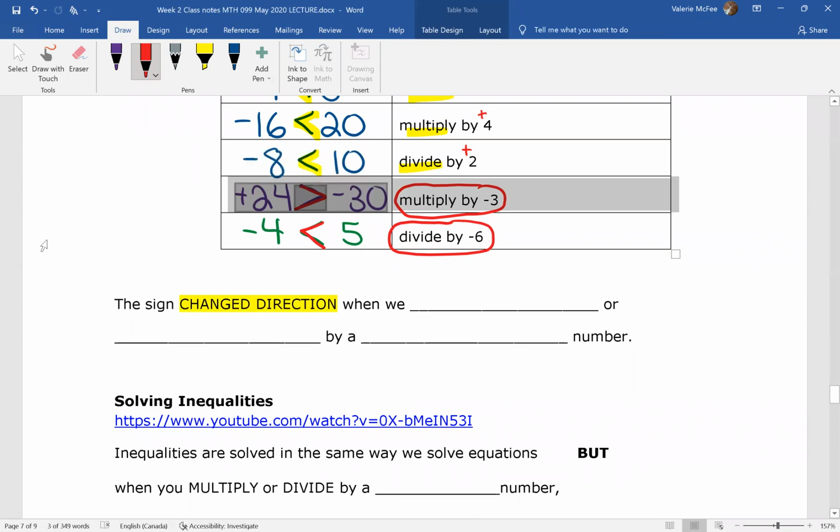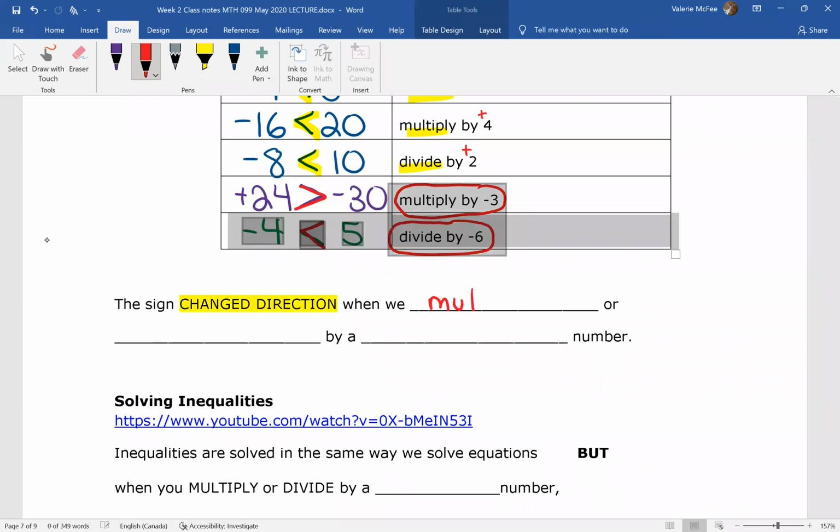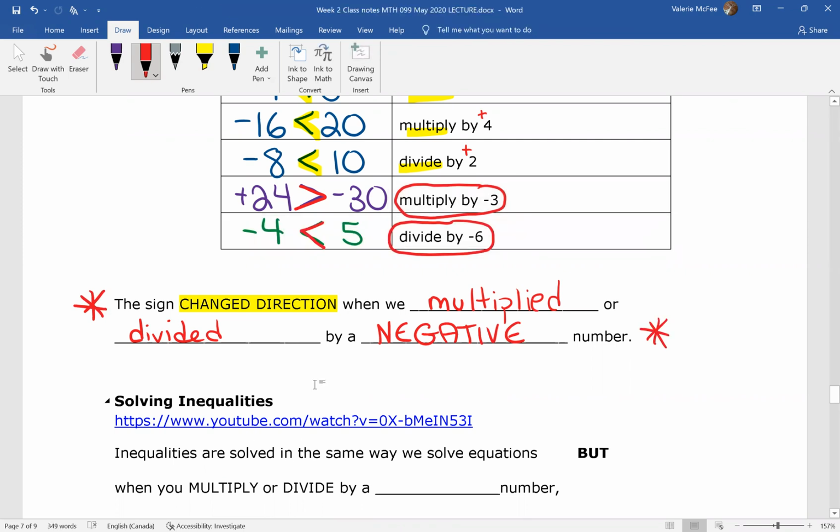The sign changed direction when we multiplied or divided by a negative number. I would say the leading mistake that people make when they're solving inequalities is that they forget this fact about how an inequality symbol works.